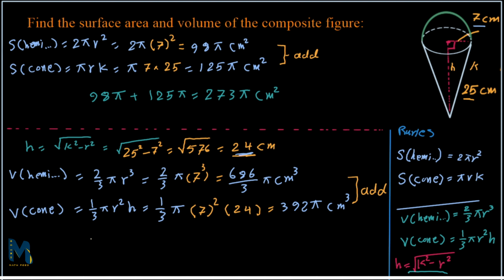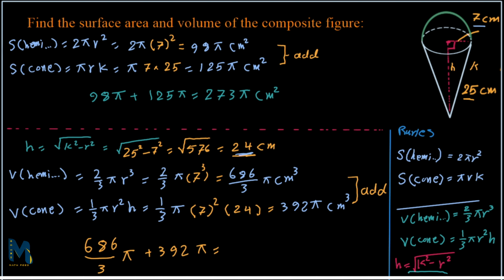When we add them, 686 over 3 pi plus 392 pi.